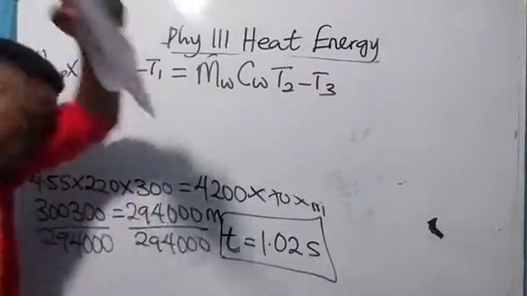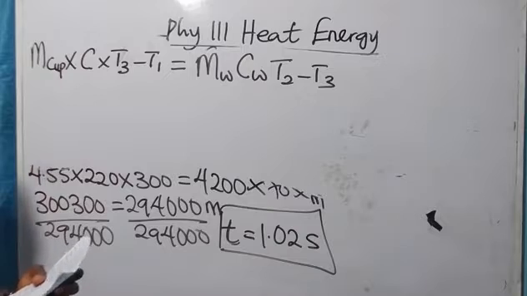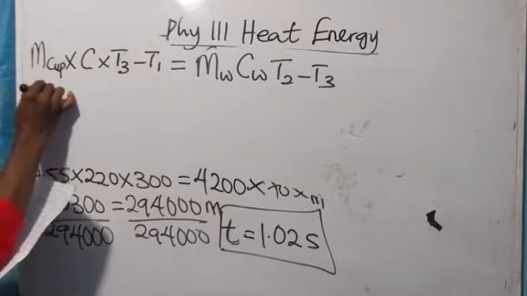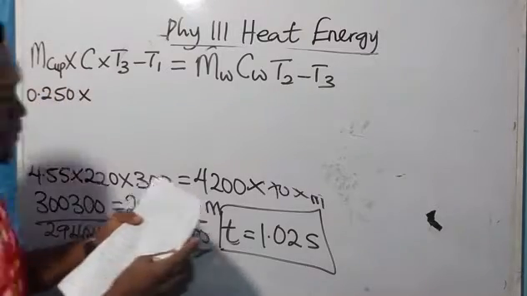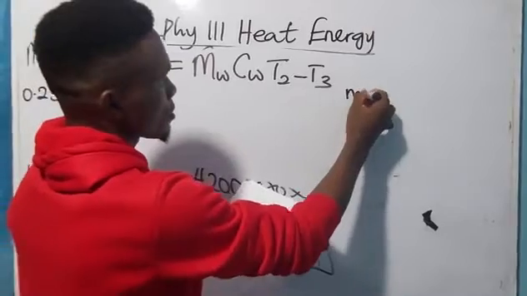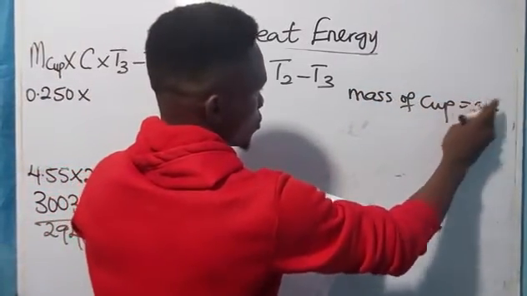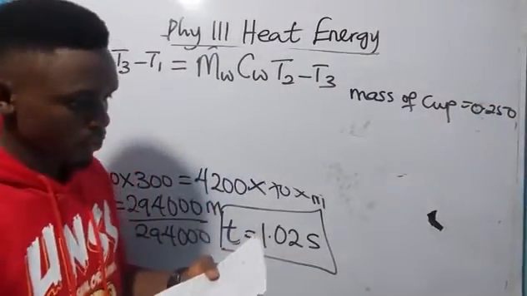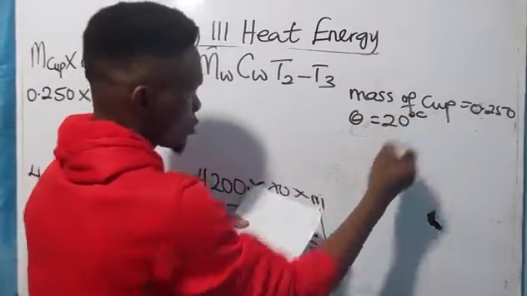From the question, they said 0.250 kilogram, so this is the mass of the cup. Let me bring out my parameters. Mass of cup is equals 0.250 kilogram, and the temperature is 20 degrees Celsius.